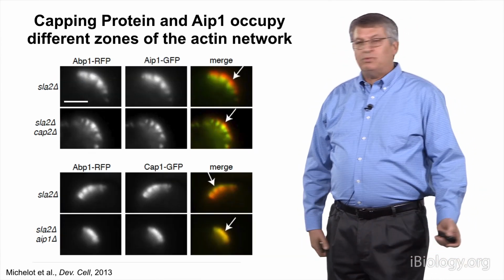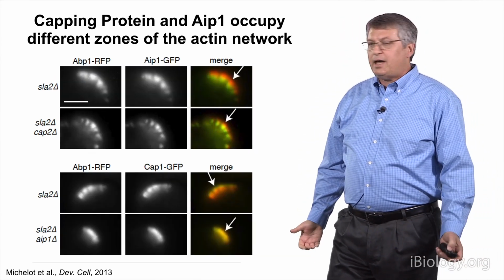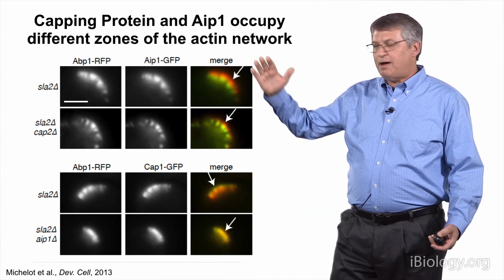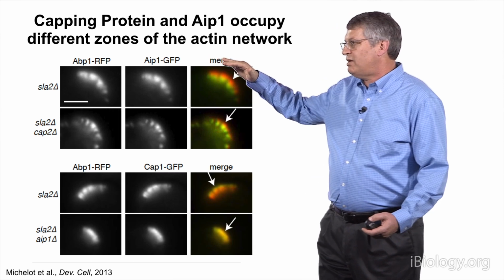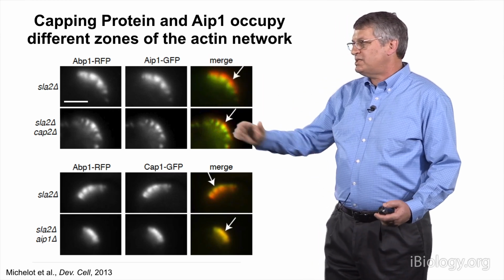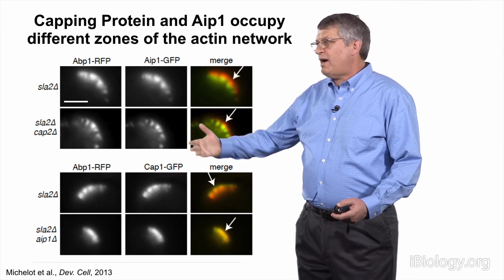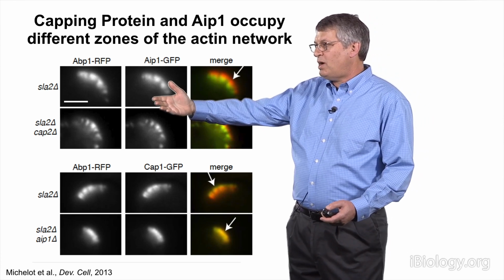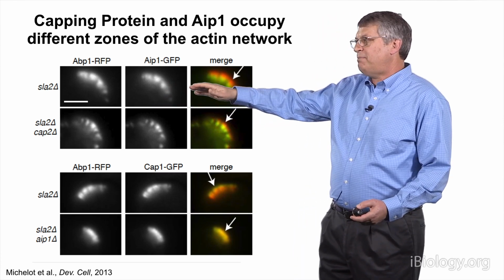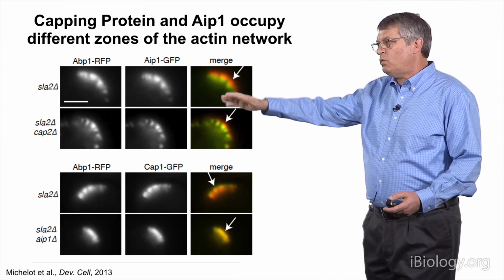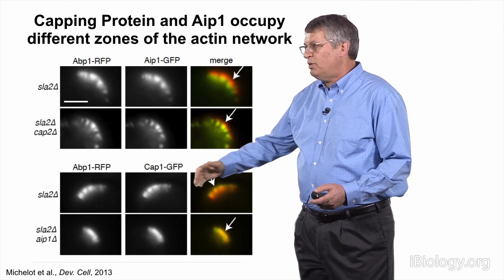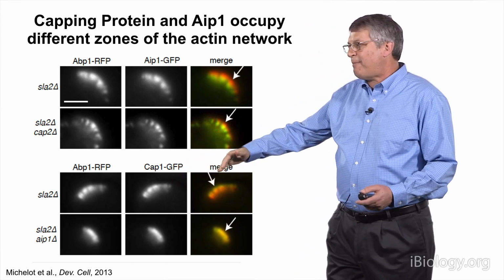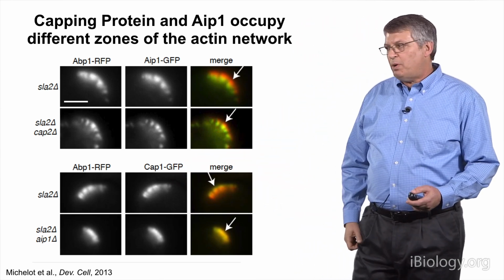And so when we looked at where AIP1 and capping protein are in these networks that we can form in yeast cells, these actin networks that assemble at the surface of the cell and then flux into the interior of the cell, we found when we labeled AIP1 with GFP that the AIP1 was displaced towards the older part of the actin network, and that capping protein was in the newer part of the network.